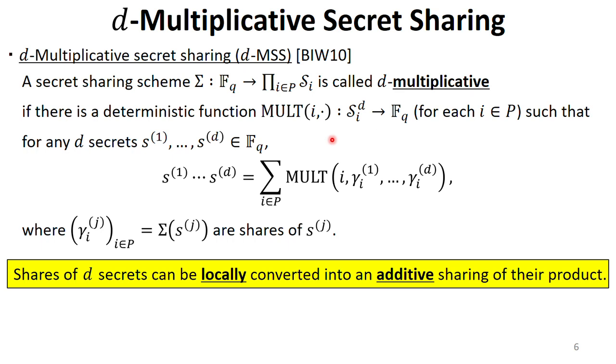This function takes d shares as inputs, and if each share corresponds to the ith share of the secret Sj, then this function generates an additive sharing of the product of these secrets. So in other words, the players can locally compute the additive sharing of the product from their own shares.